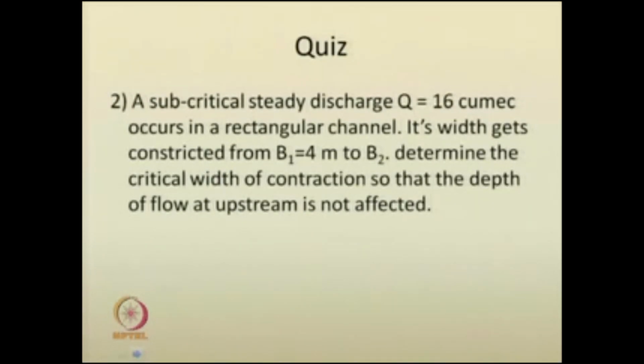Determine the critical width of the contraction so that the depth of flow at upstream is not affected. Your upstream depth should not get affected. That is, what is the maximum constriction in width possible so that the upstream flow is also not affected?